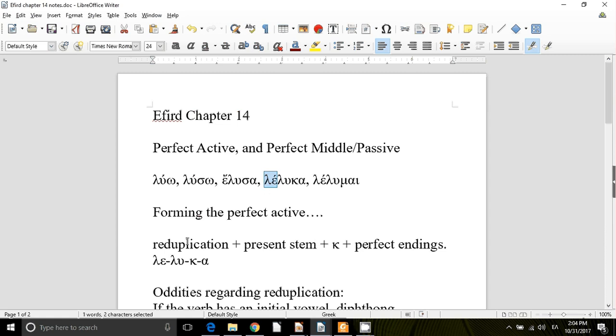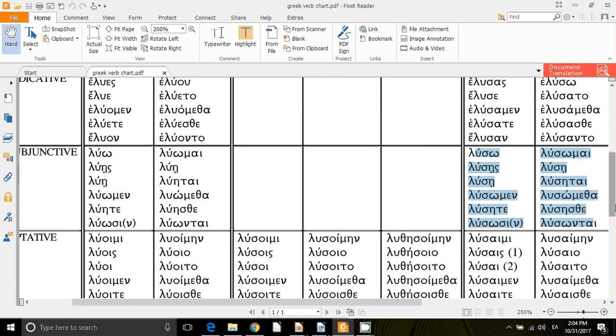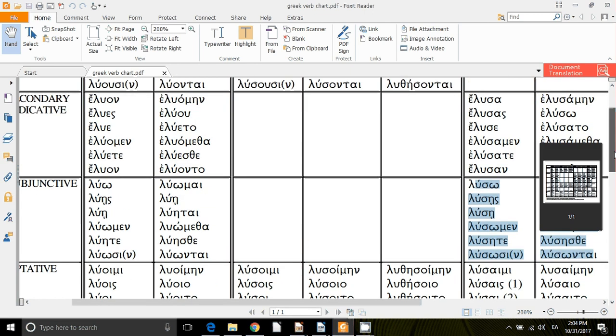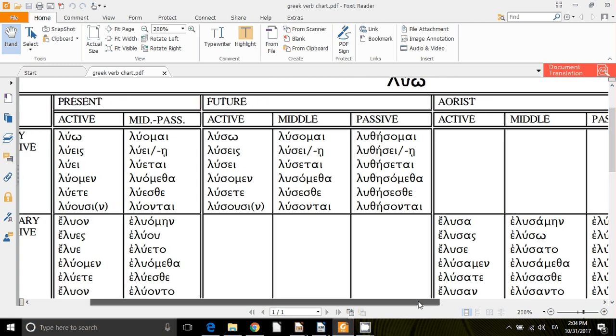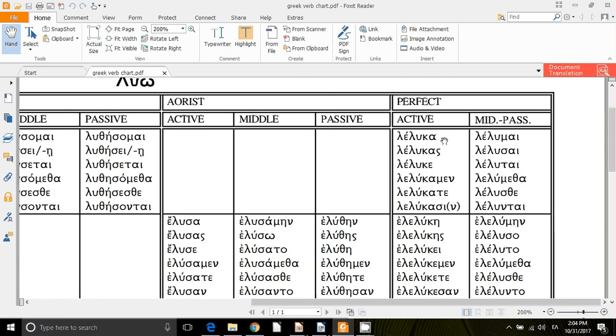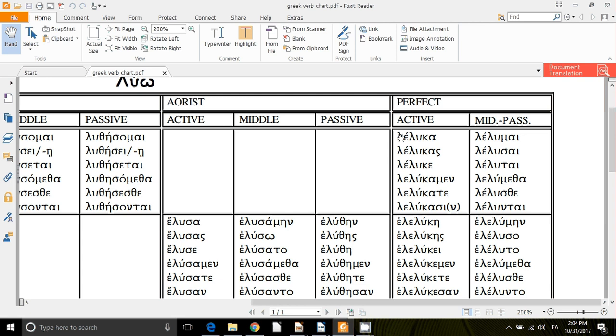So lelica, so reduplication plus the present stem plus a kappa plus the perfect endings. And let's take a look at the perfect endings. Get up here to the indicative and move over to the perfect. And here are our perfect endings.